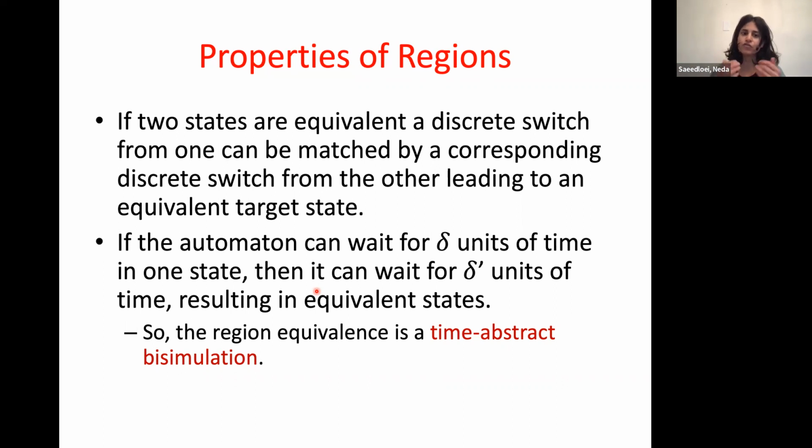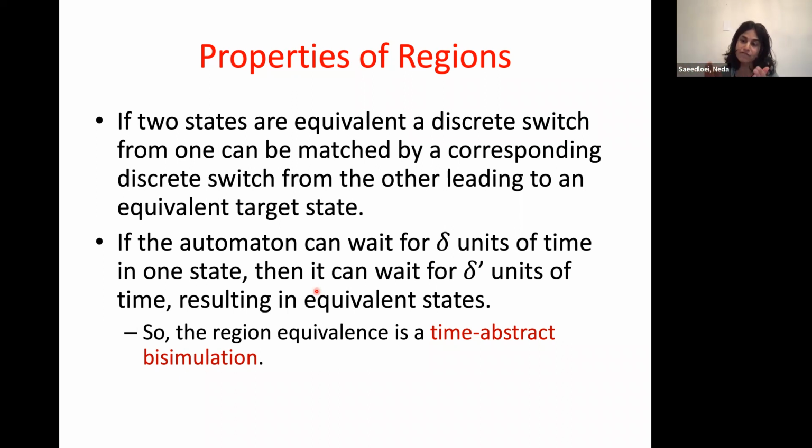So now, if two states are equivalent, which means if two states belong to the same region of the automaton, then a discrete switch from one can be matched by a corresponding discrete switch from the other, which means that after the transition, they are going to end up in equivalent target states.